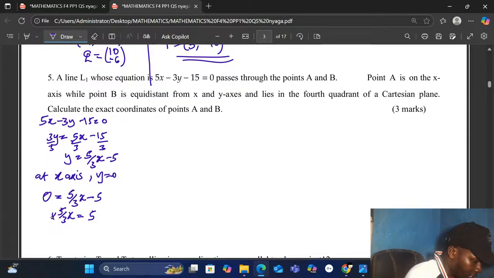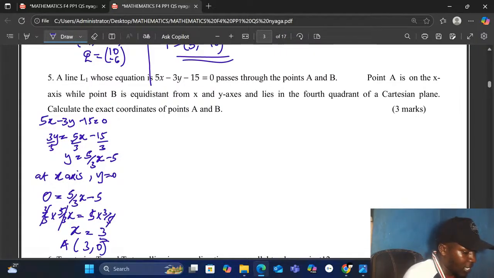Multiply by 3 over 5 on both sides. This one cancels, so our x is equal to 3 when y is 0. So point A is 3, 0.